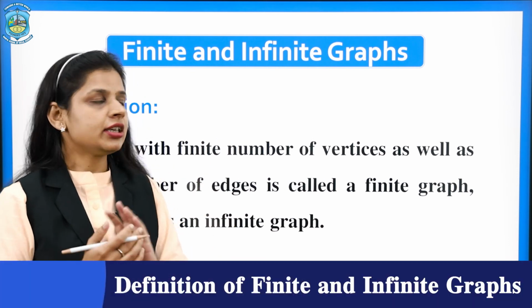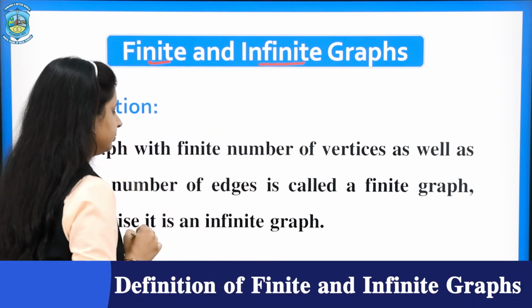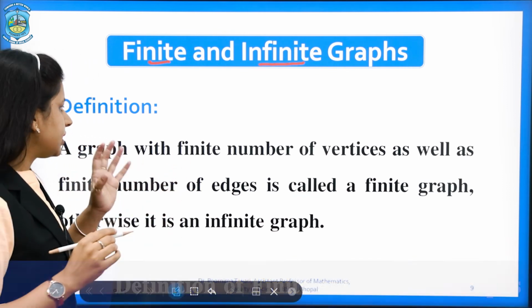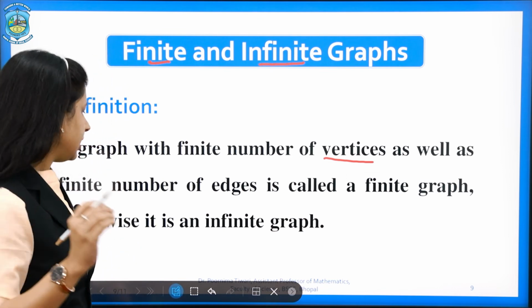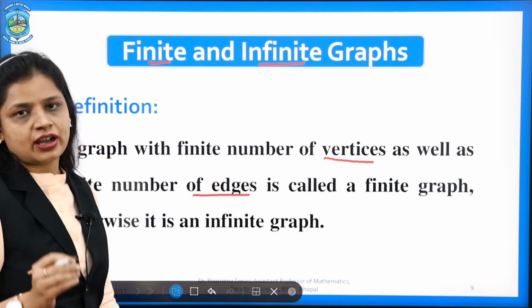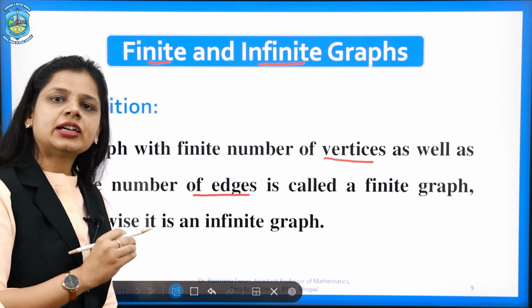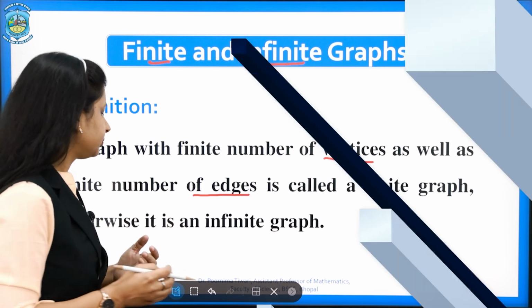Next definition is for finite and infinite graph. A graph which has finite number of vertices as well as finite number of edges is called a finite graph. In otherwise case, graph is an infinite graph.